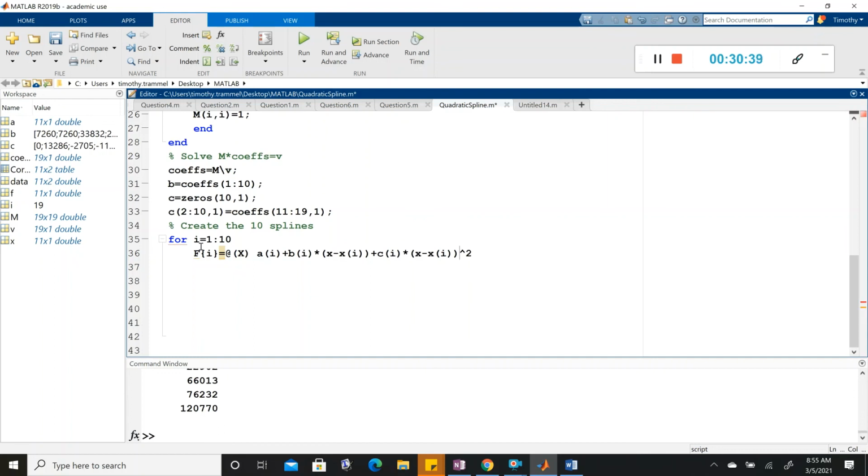And I'm going to make sure that this can handle vector inputs, so I'm going to put a dot here. I'm going to make sure that my variable is a capital X rather than lowercase x. There we go. And so that should create our 10 splines.